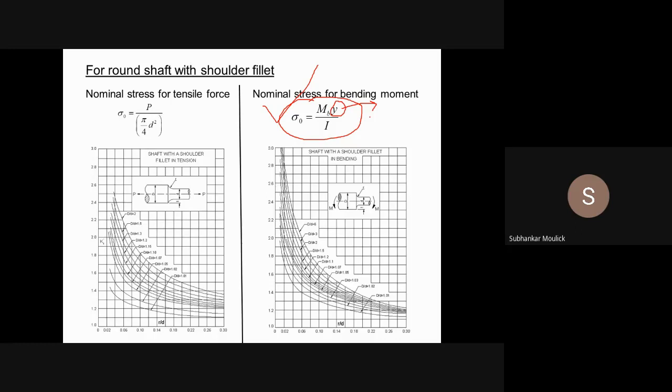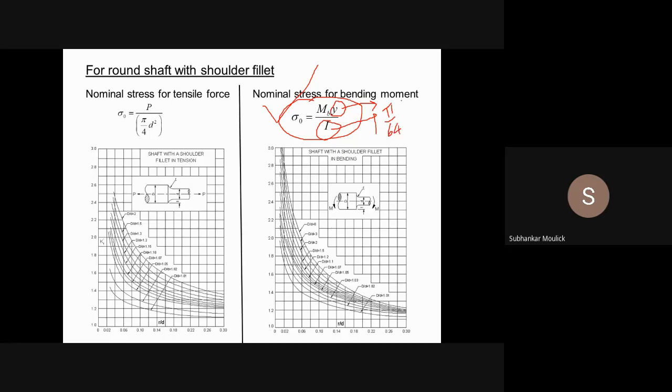Which one will it be? The value of Y will be small d by 2 or capital D by 2? Which one will I take? And the value of I, since it is a circular cross section, will be pi by 64 into d to the power 4.